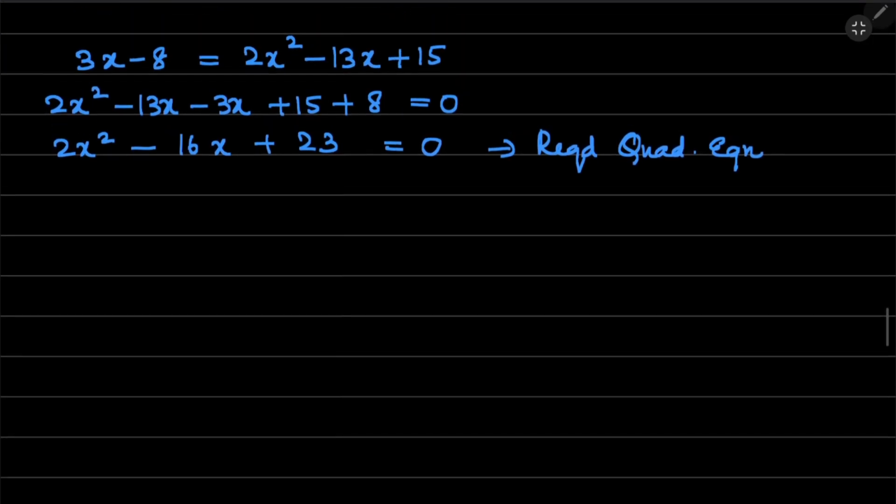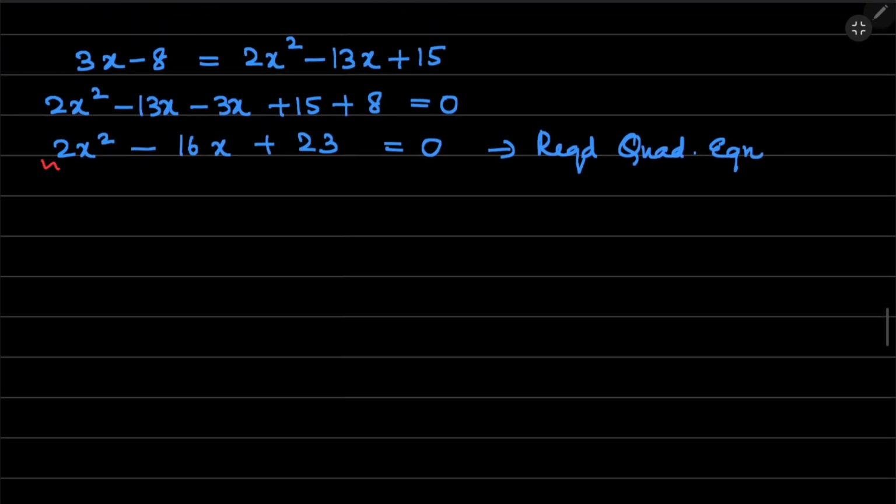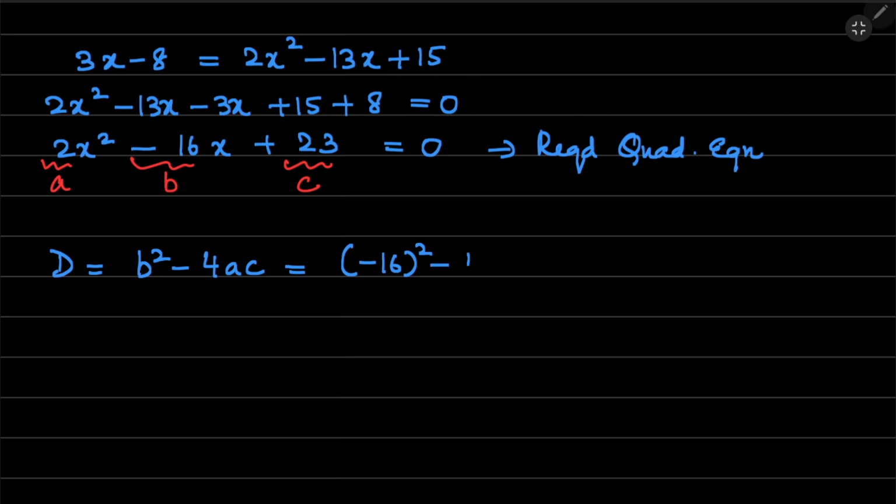Now what will you do? You know your a, b and c. a is 2, b is minus 16 and c is plus 23. Let us calculate the discriminant. b square minus 4ac. What is b square? Minus 16 the whole square minus 4 into 2 into 23. 16 square, what is it? 256.